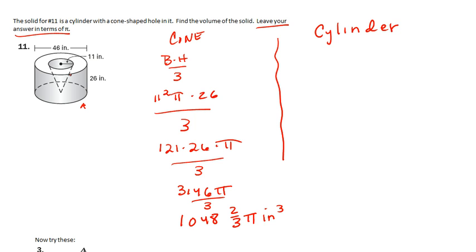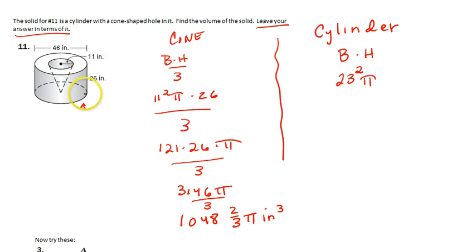Now I need to calculate the volume of my cylinder. My cylinder is the base times the height. So my base is 46 inches in diameter, so that means it's 23 squared for a radius pi. This will calculate my base.